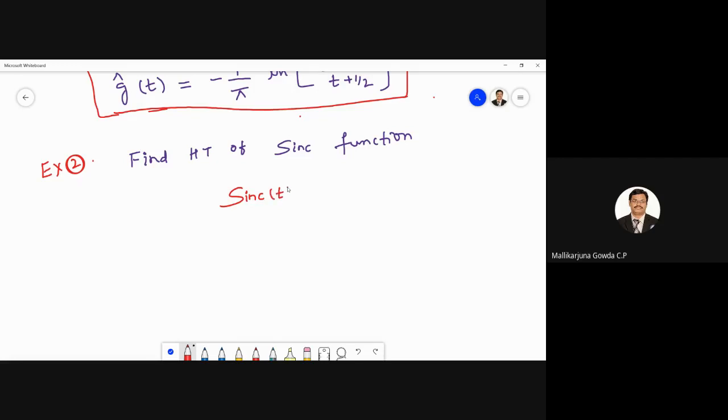Sinc of t will be equal to sine pi t divided by pi t. So this is the definition of sinc function. Sine pi t divided by pi t. How do we solve this?